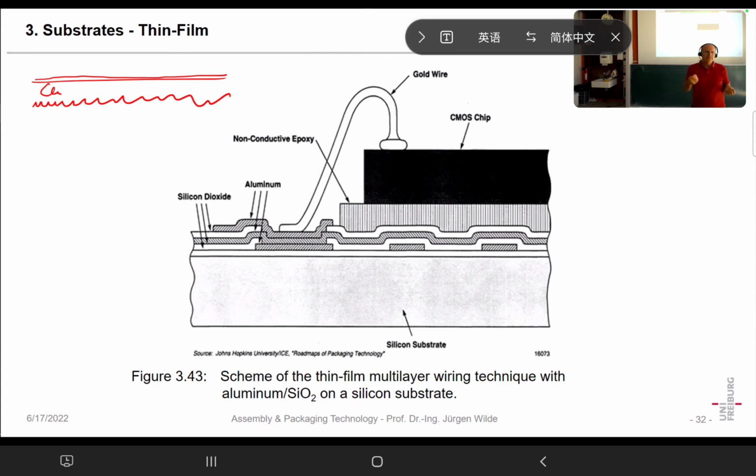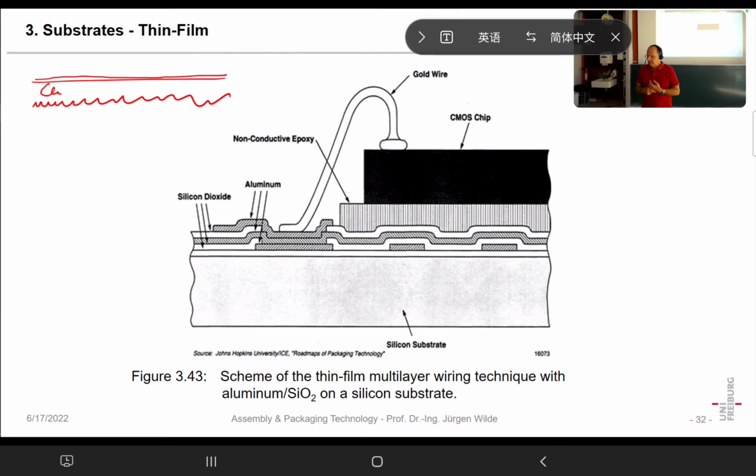Also, in high frequency applications, normally we do not need thick layers, because the conduction always is only on the surface. And in that way, the main target is to have a smooth surface for good signal propagation.